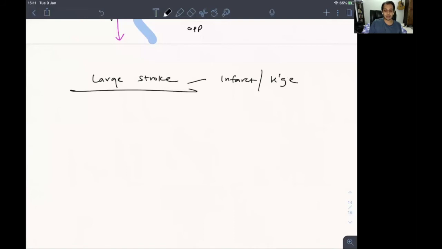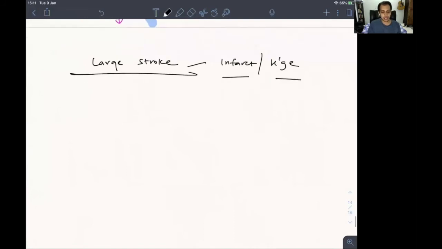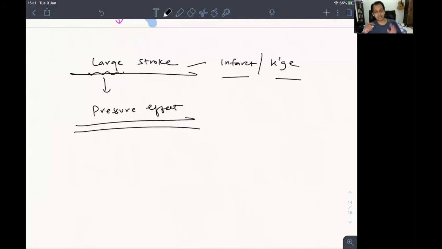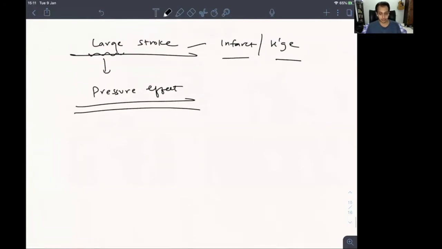I'll get to what is infarct and hemorrhage, but if the size of the stroke is large, there will be a pressure effect. So this is something that I just want you to remember, that if the size of the stroke is large, there will be a pressure effect on the surrounding structures. We'll circle back to this later after we have finished discussing the types of hemorrhage, types of strokes.